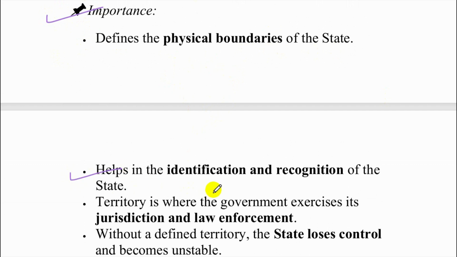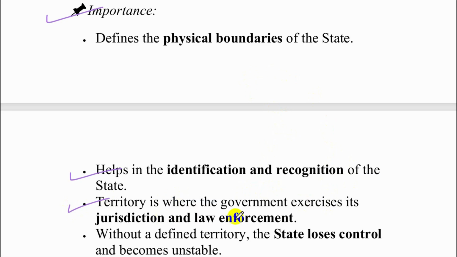The boundary or the territory helps in identification and recognition of the state. That is, India also has a fixed boundary or geographical territory, and therefore it helps in recognizing what is under the sovereign control of India.